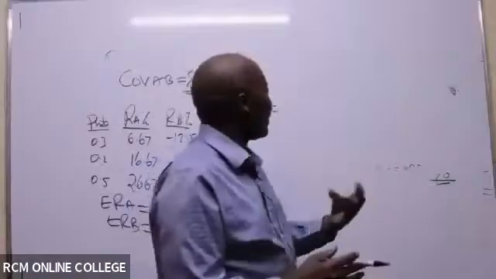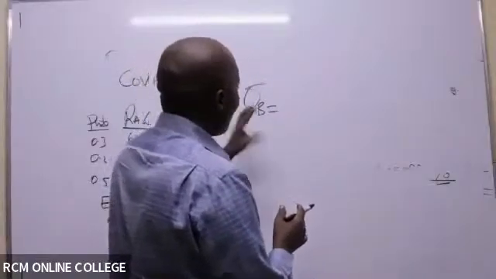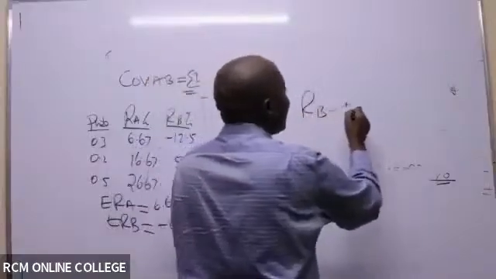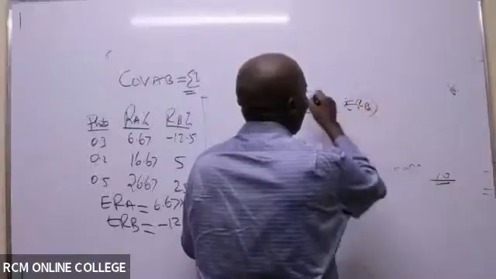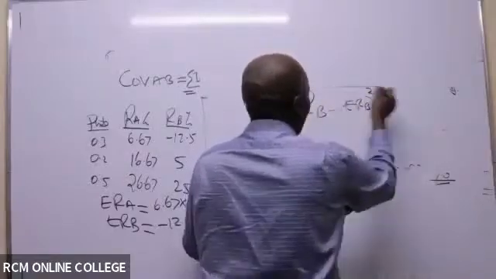Don't start with those roots here. It is standard deviation. So it is RB minus the expected returns of B. So square them, multiply by probability, sum, and take the square root like that.